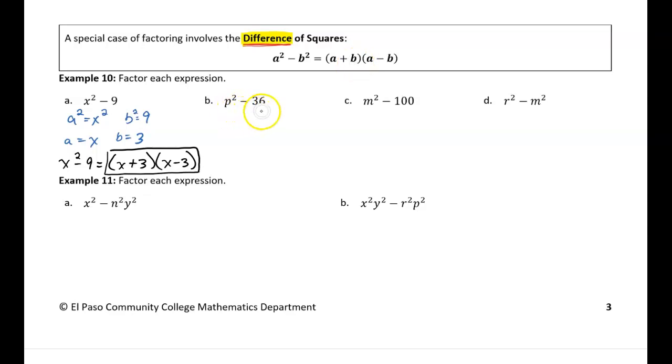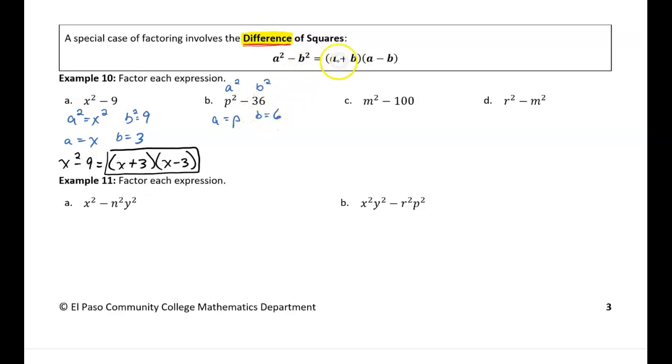p squared minus 36. So if my p squared is the a squared value, then what is our a? It's just the value of p. And if 36 is our b squared, what's the value of b? Well, 6 squared gives me 36.